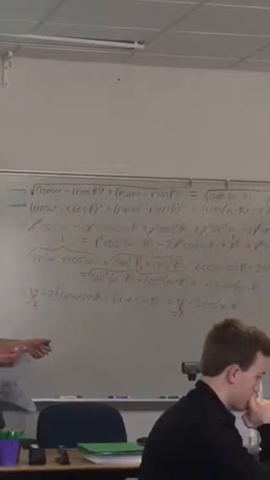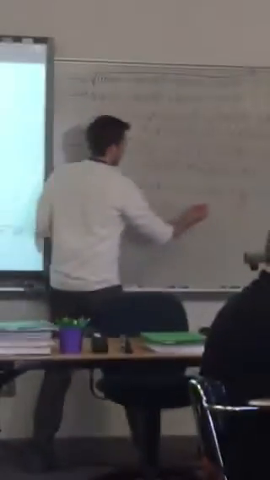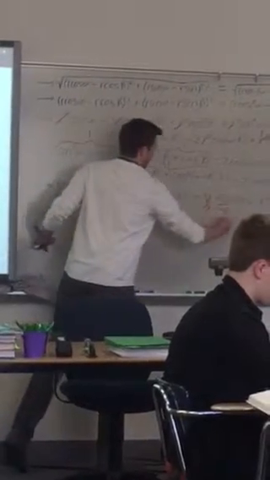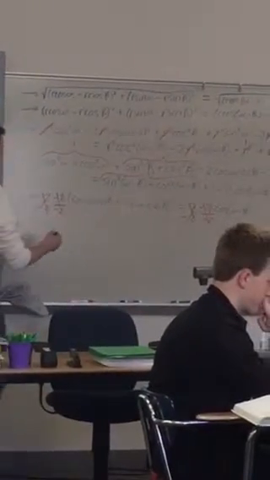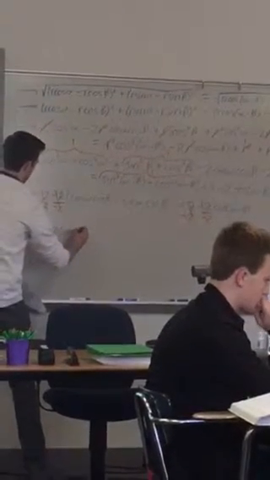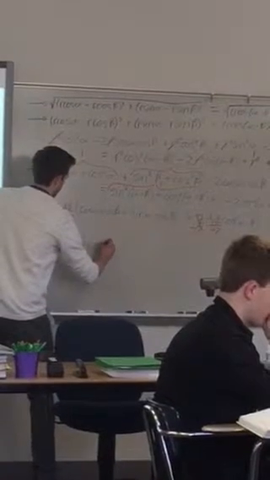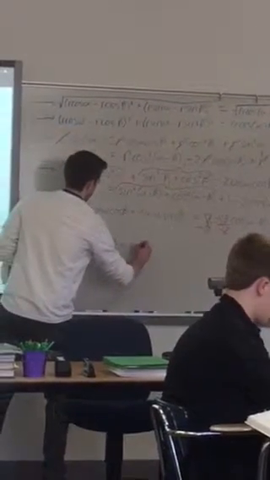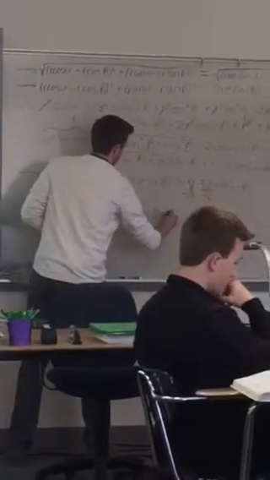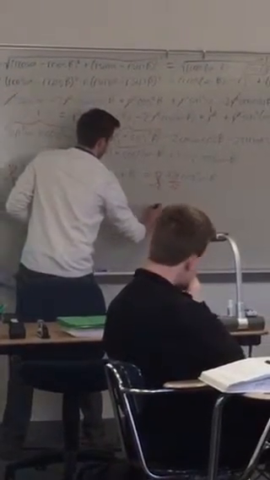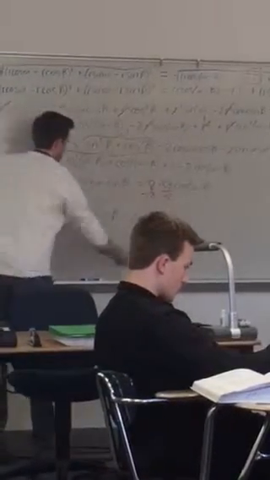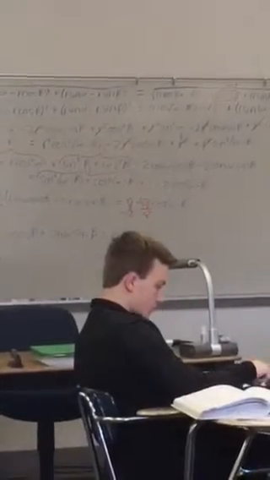Divide both sides by negative 2. Those go away. That leaves us with the cosine of alpha times the cosine of beta plus the sine of alpha sine of beta equals cosine of alpha minus beta. Boom.